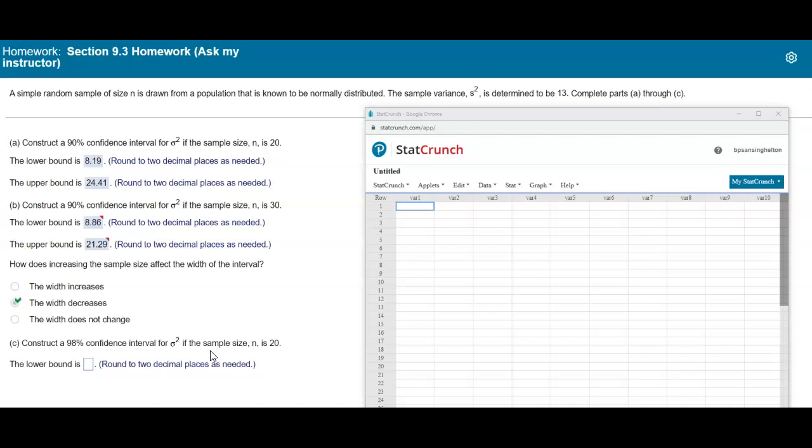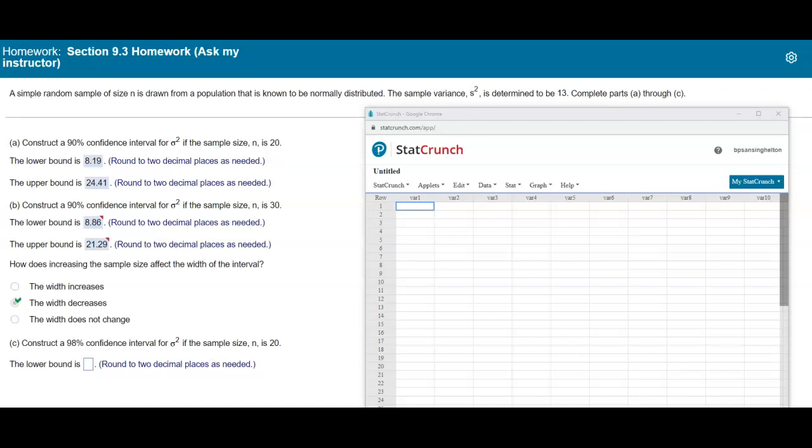A simple random sample of size n is drawn from a population that is known to be normally distributed. The sample variance, S squared, is determined to be 13. And then I'm asked to construct a 90% confidence interval for sigma squared if the sample size is 20.